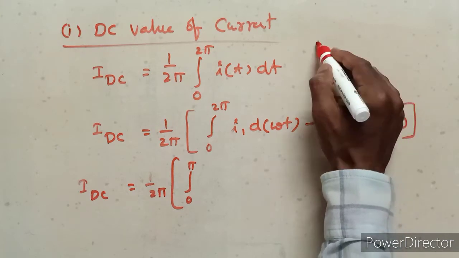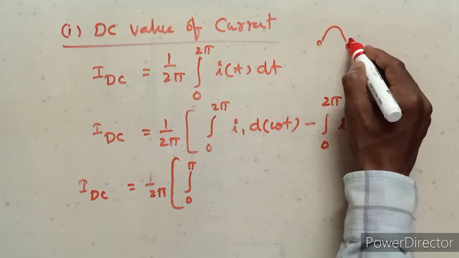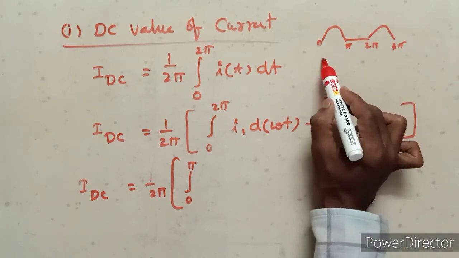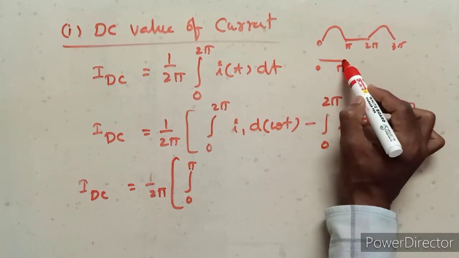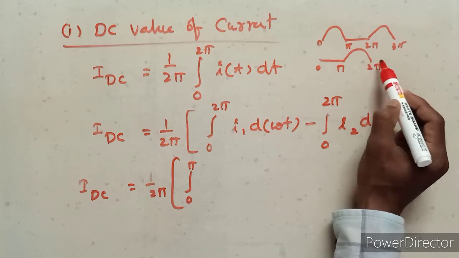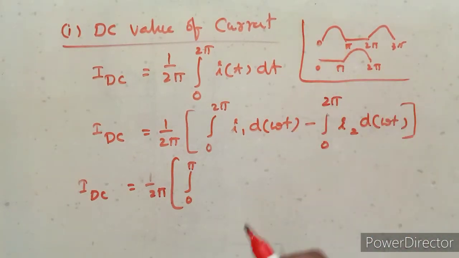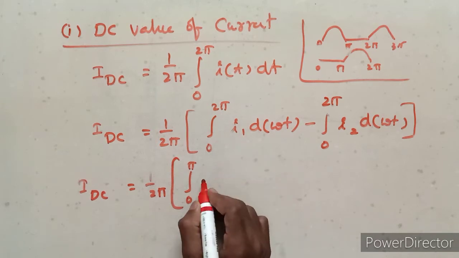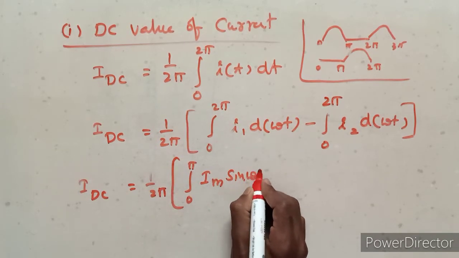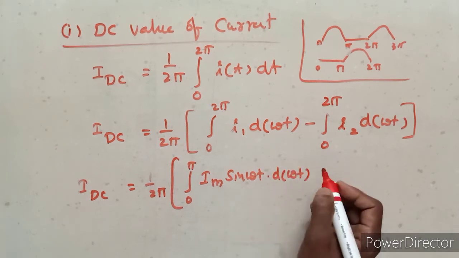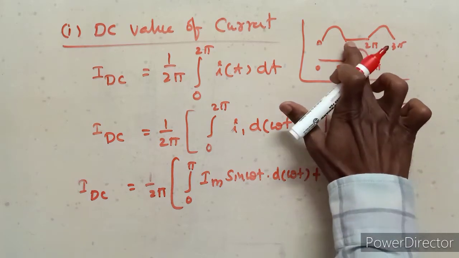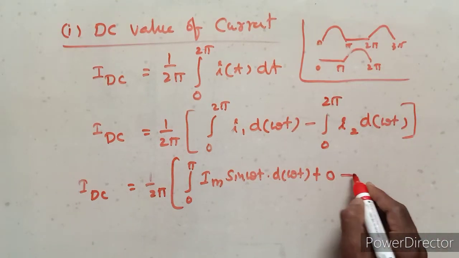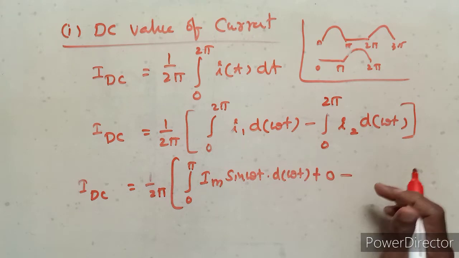Already we know 0 to pi is allowed, 2 pi does not allow, then 3 pi is allowed. In the reverse, 0 to pi does not allow, pi to 2 pi is allowed. So first, 0 to pi is allowed: integration 0 to pi of I1 equals Im sin omega t d omega t, plus the second is 0. It's complete.